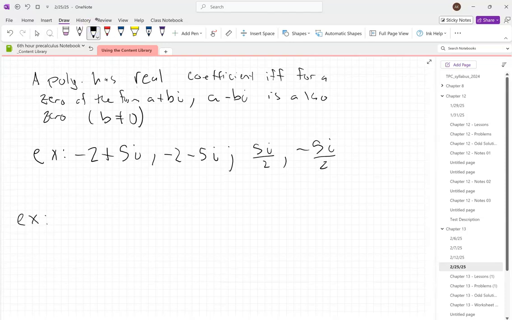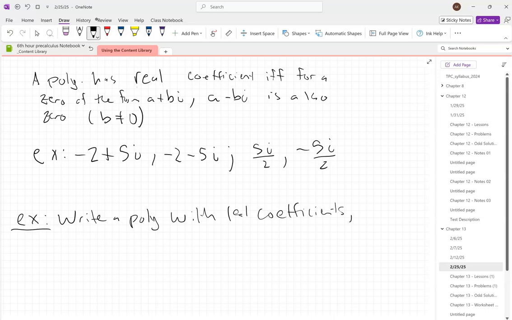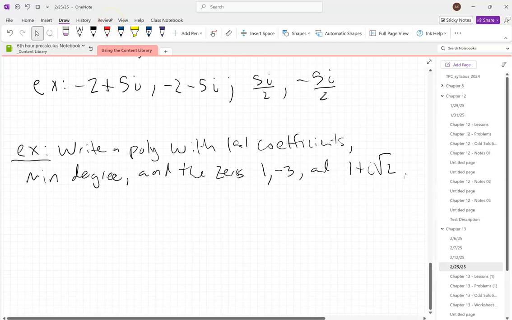It would be a problem like this: write a polynomial with real coefficients that has the minimum degree necessary and has the zeros 1, -3, and i plus root 2.